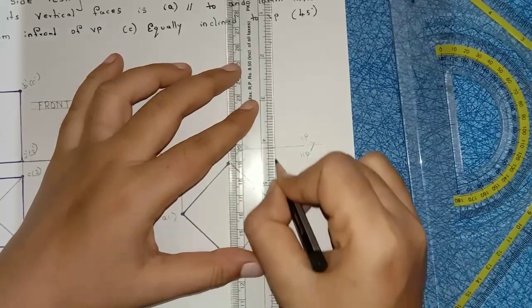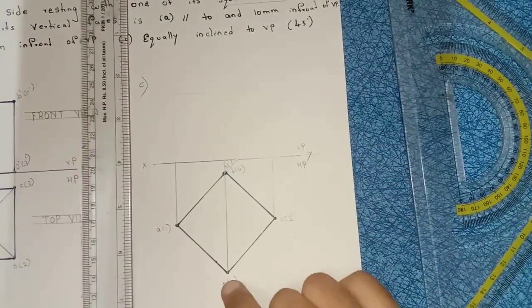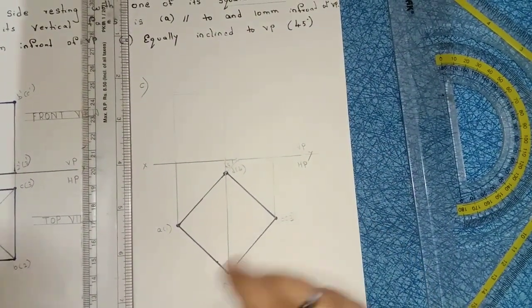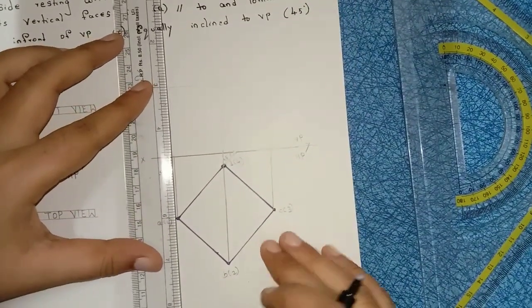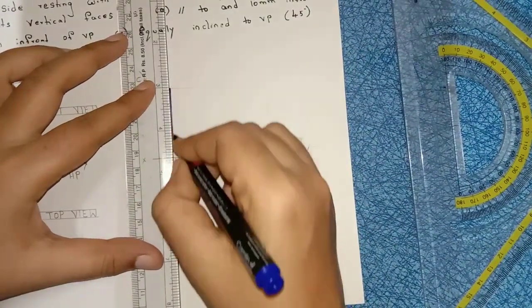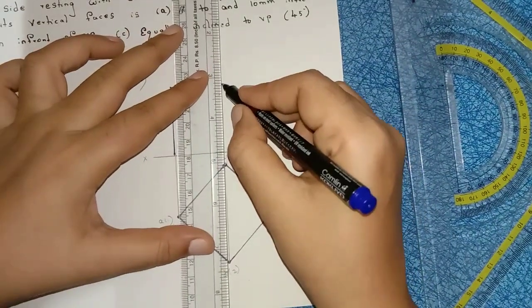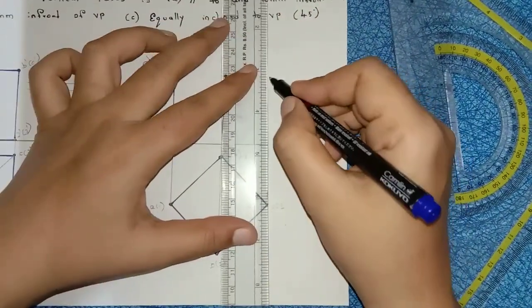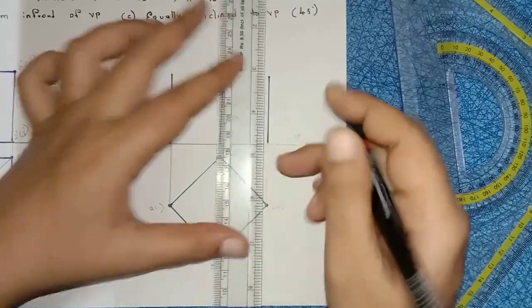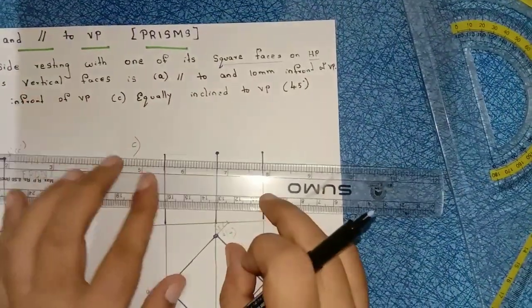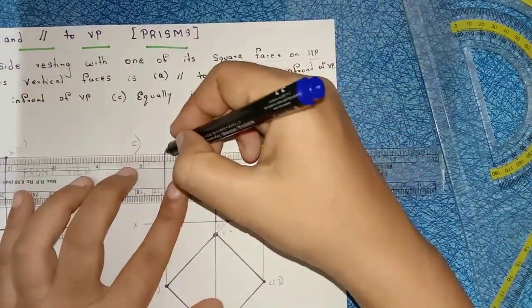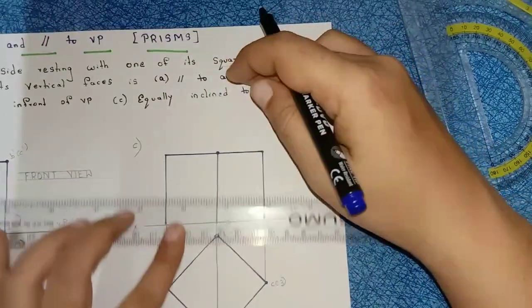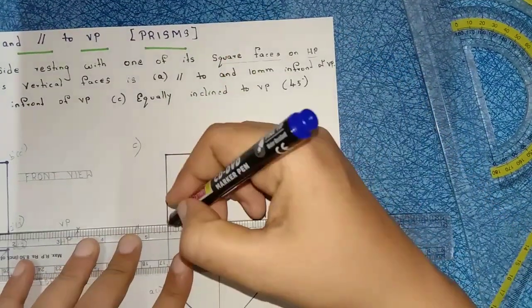See, whenever you are taking 45 degrees angle, this B point and D point will coincide with each other, right? Again the height is 40 mm, from here height is 40 mm, and from here height is 40 mm, right? Now join this one.